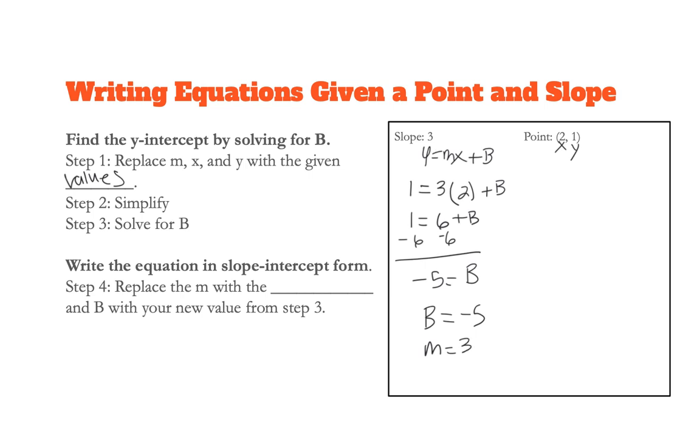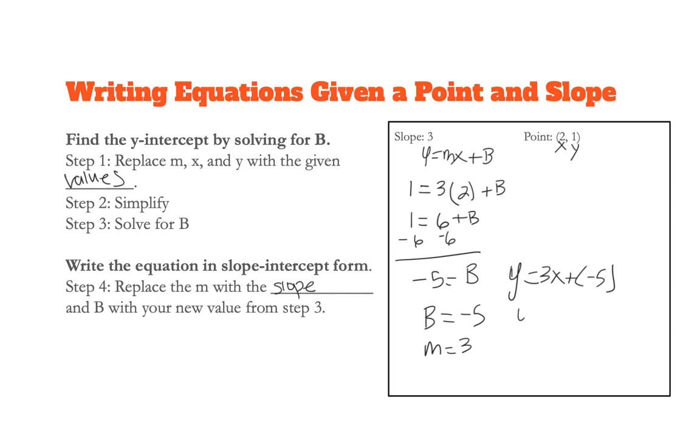So we go back to our directions here on the other side of the page, and under step 4, we are going to replace m with the slope that you were given, and b with your new value from step 3. So we're taking the point 2, 1 and the slope 3 and finding the equation of the line that goes through that point that has that slope. And so that equation is y equals 3x plus a -5.